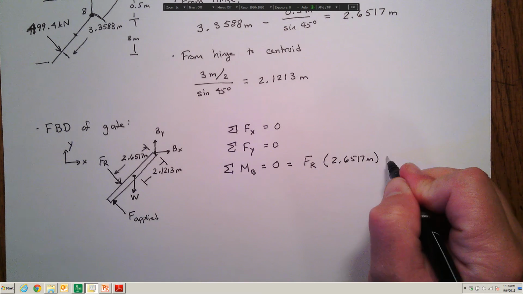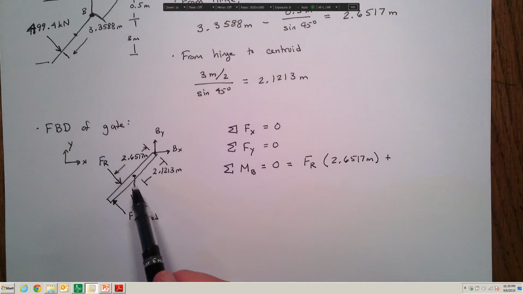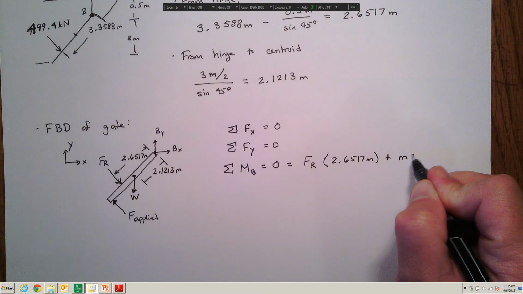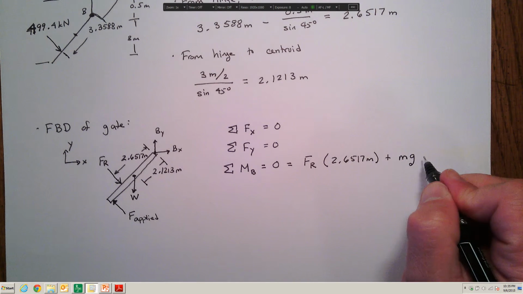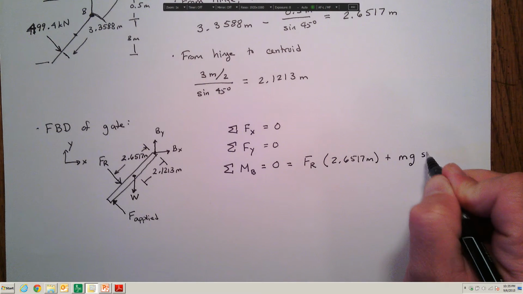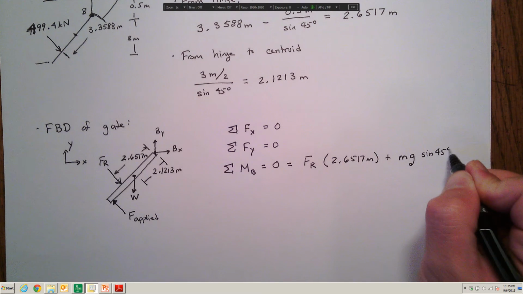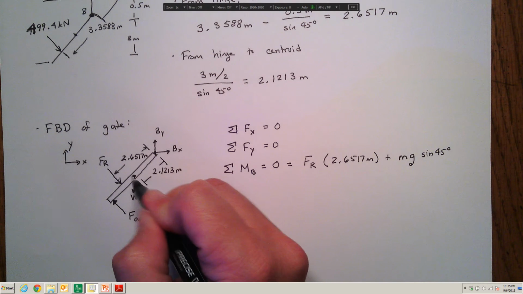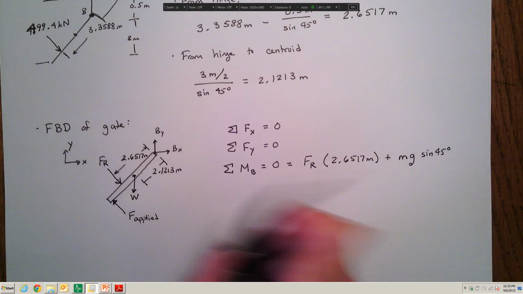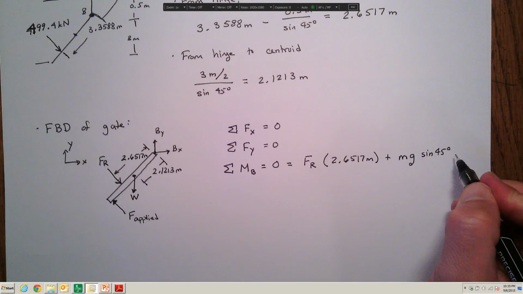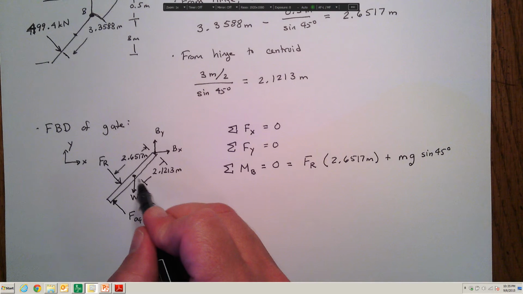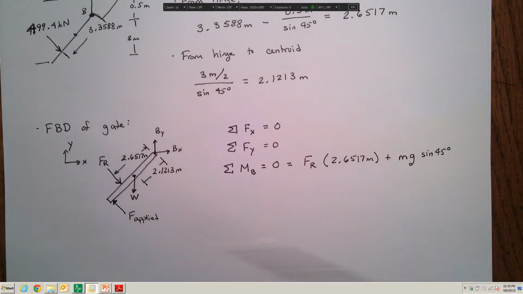All right, we also know that we have a moment due to the weight force, and the weight force is given by the mass of the gate times the gravitational acceleration multiplied by the sine of 45 degrees, because we're only interested in what acts perpendicular to where we're generating the moment.